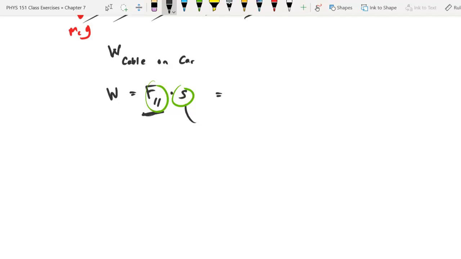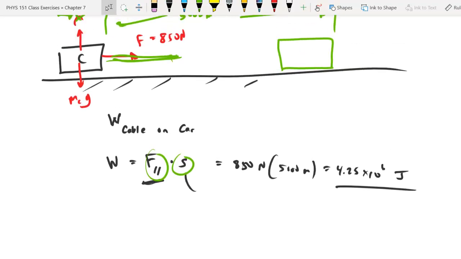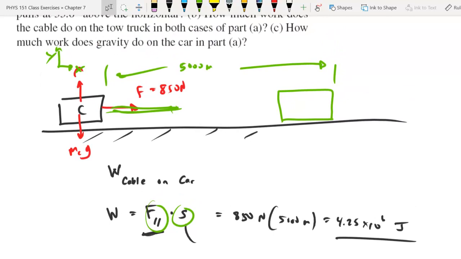I just have my 850 newtons times my 5,000 meters, my 5 kilometers, and we end up here with 4.25 times 10 to the 6, 4.25 million joules of work done if this tow truck pulls it 5 kilometers. It's barely over 3 miles there. So that's what it would be if it pulls horizontally.